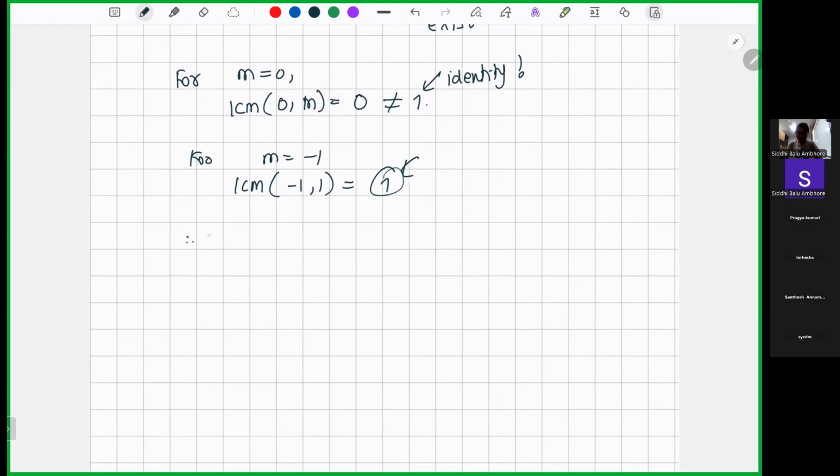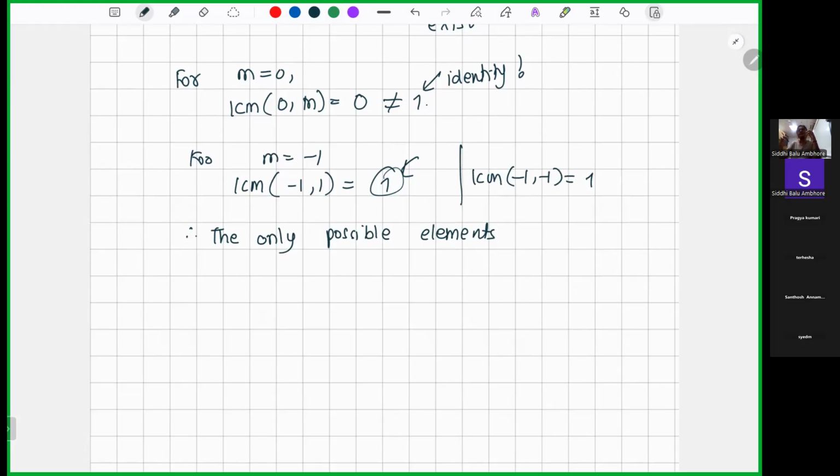And in that case, the only possible elements that are invertible: if inverse exists, in this case LCM of -1 and -1 would also be 1, right? If we are looking at the positive multiples.